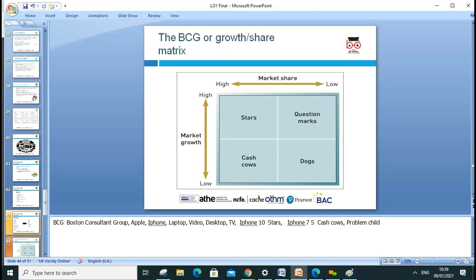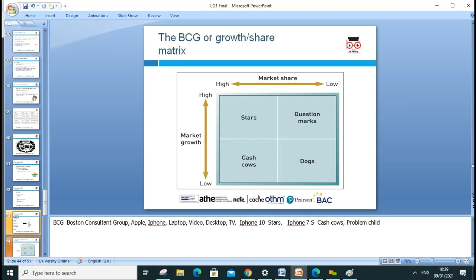Then other products can be in Pepsi's range. They have 7 Up, for example. You will see there are cash cows. They may bring in a lot of cash. Some products, maybe Zero Sugar Pepsi or the lychee flavor they started, may be question marks.